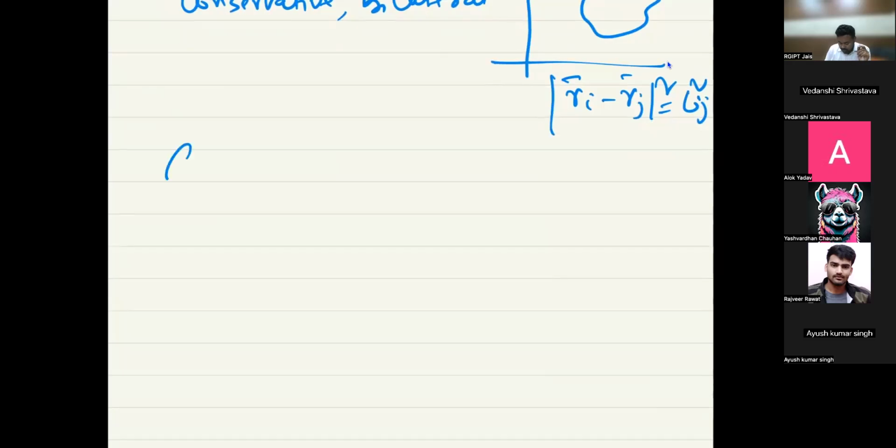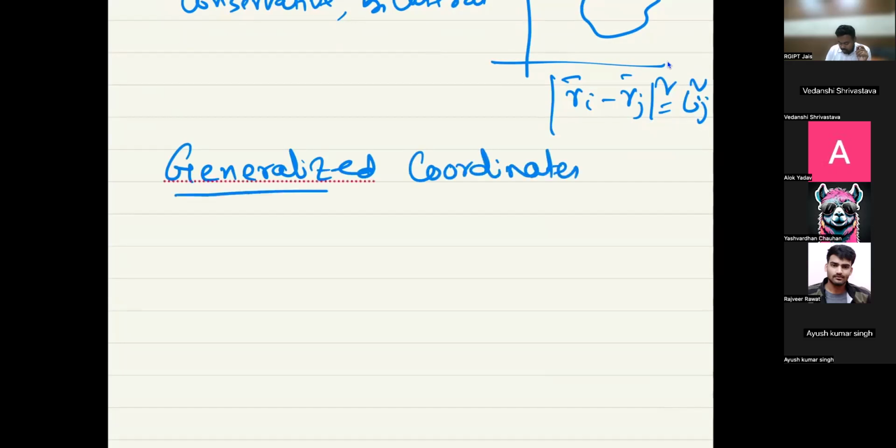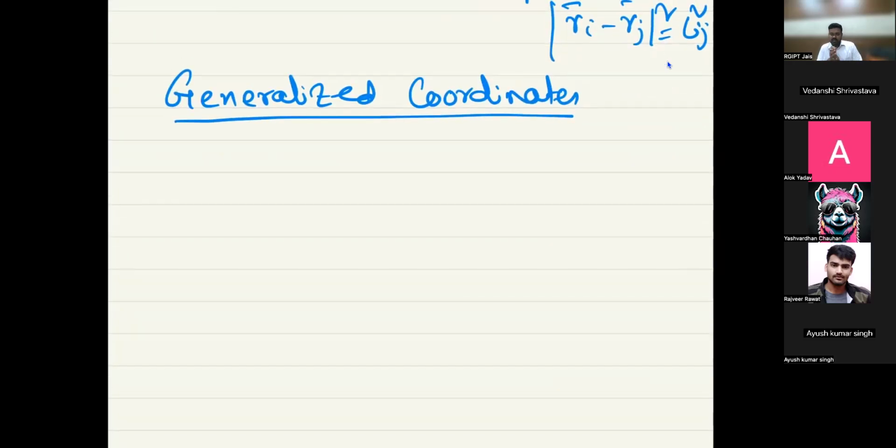Now I want to move on to another topic called generalized coordinates. What is a generalized coordinate? We have already studied defined coordinate systems: Cartesian coordinates, plane polar coordinates, spherical polar coordinates. We choose the coordinate system based on the symmetry of the problem. In a particular problem, one type of coordinate system may be easier to handle.